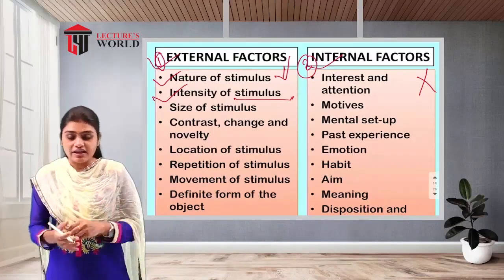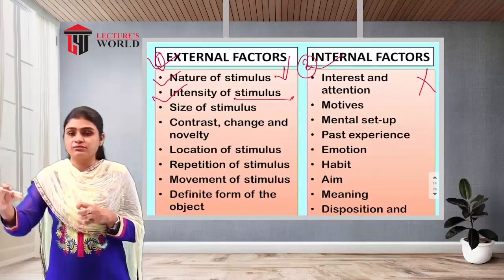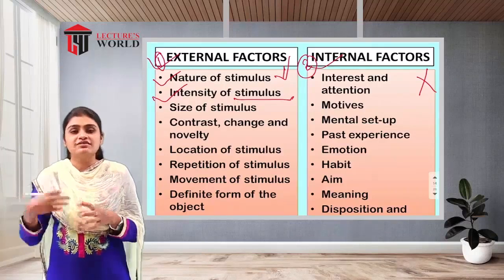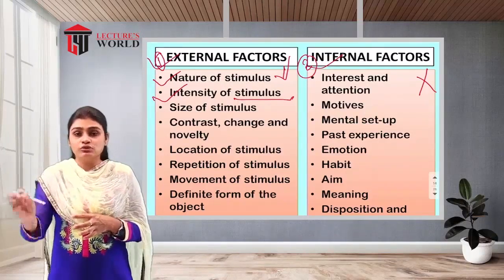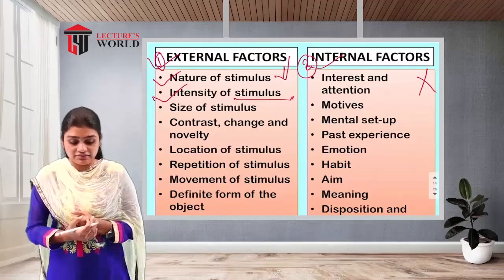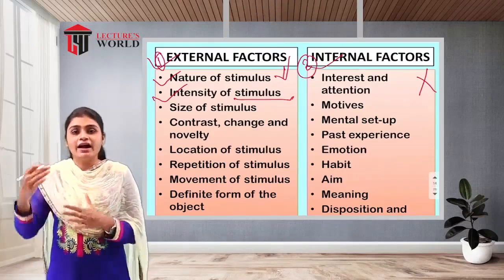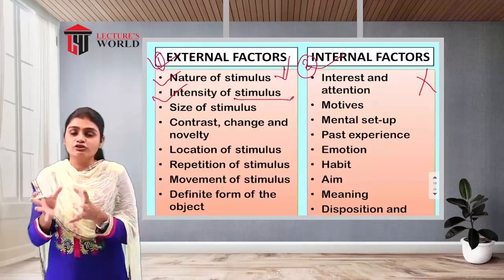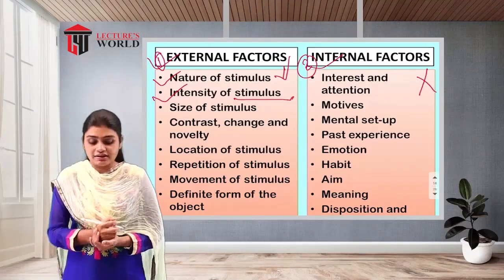Whenever the intensity is high, the moving energy in that particular stimulus is high, and at that time our attention easily goes towards that particular event, situation or object. Compared to low intensity stimuli, high intensity stimuli achieve our attention very quickly. So that is the intensity.